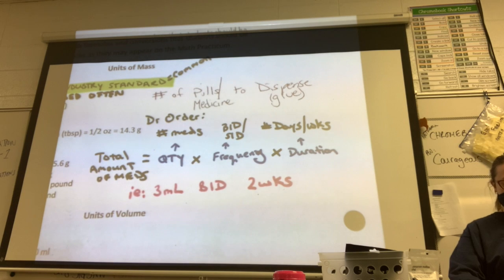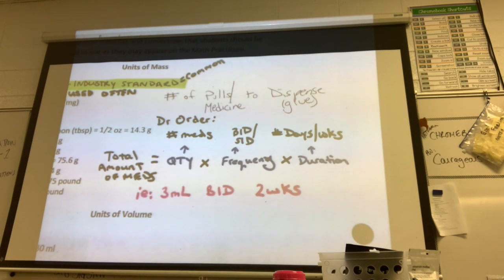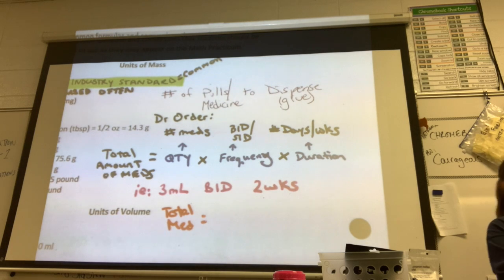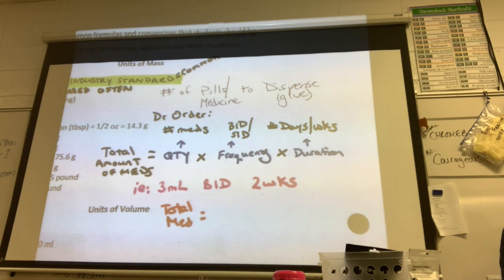So how am I going to find out the total medication that I'm going to dispense? What do I need to do? So my total meds, what's the first number I have to go by?